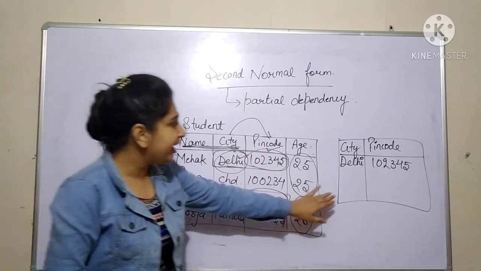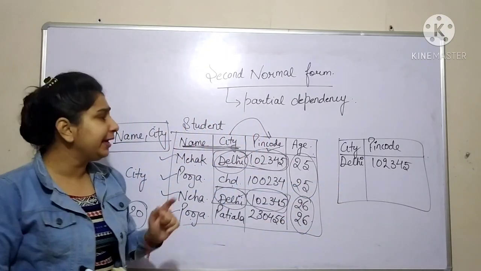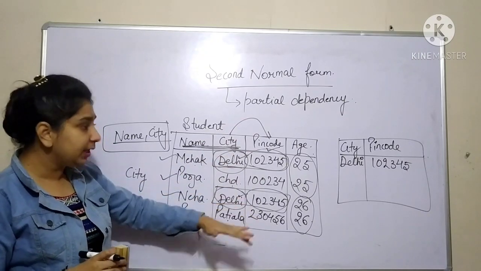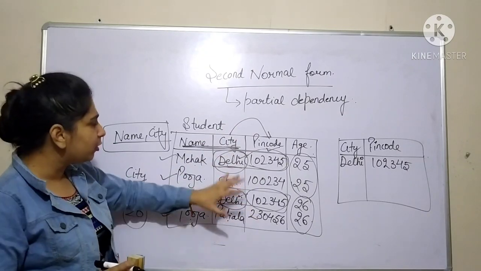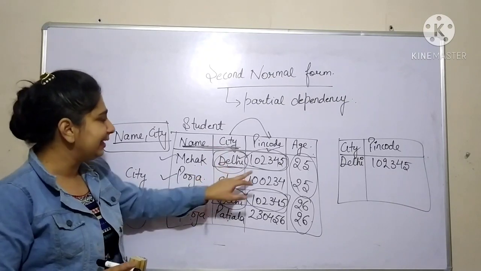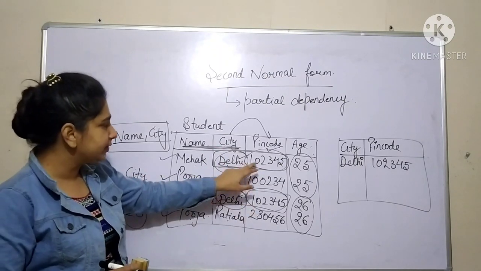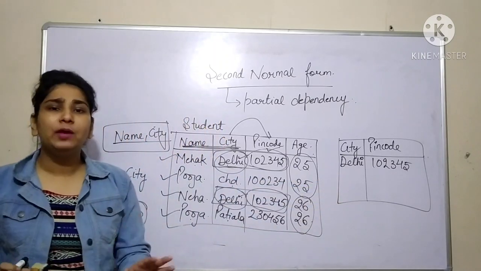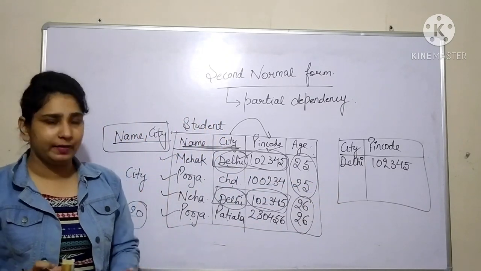In this table, you will be storing only one entry. In the other one, if you look at it, we have multiple entries for Delhi and the pin code 102345. But in this relation, we will be having only one entry.